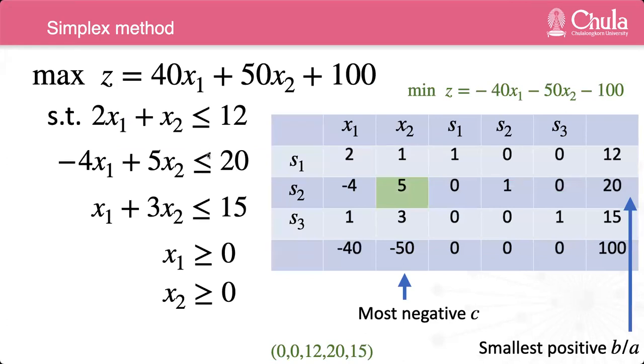And S2 is 0. What does it mean? It becomes equality, because we add 0 to it, and it must be at that point. Because it's lesser or equal, if we add slack and the slack is 0, that means minus 4x1 plus 5x2 is 20 at that point.